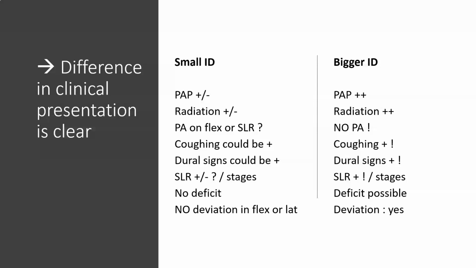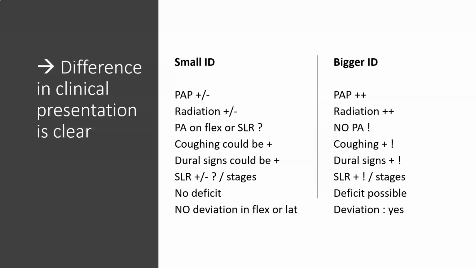The smaller one, there's not too much radiation of pain. They have some back pain, unilateral pain, some cranial gluteal pain. With a bigger internal derangement, there should be much more radiation. Multisegmental radiation, when there is pressure on the dura, or segmental radiation when there is pressure on the nerve root.